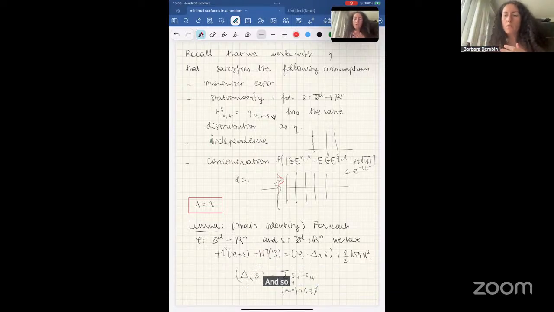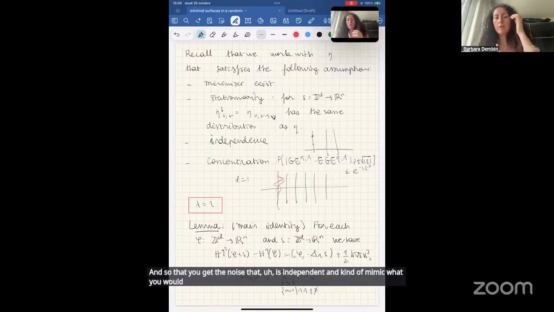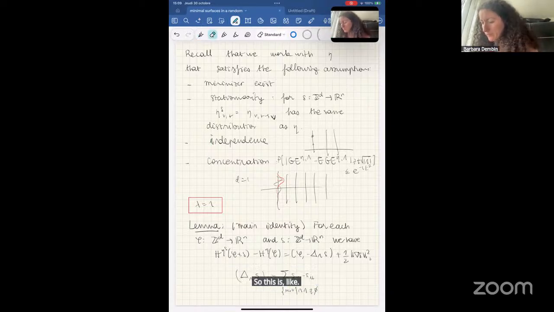That way you get a noise that is independent and kind of mimics what you have in first passage percolation. So this is the white noise.